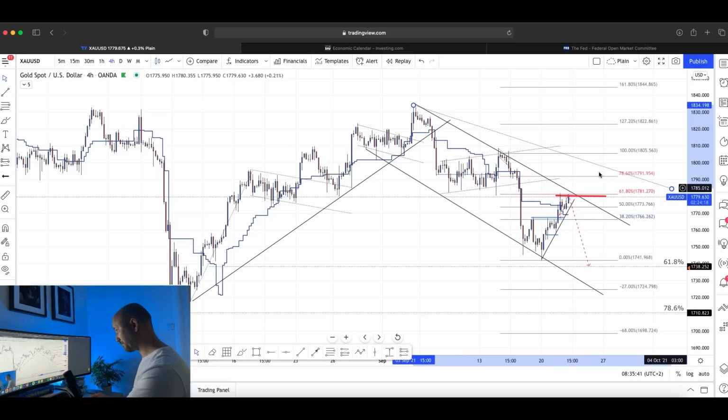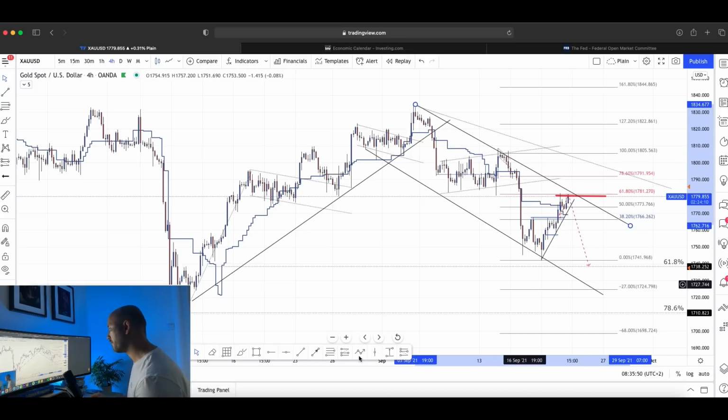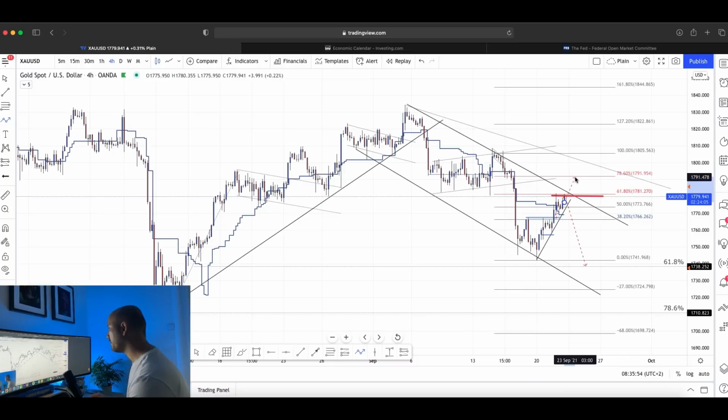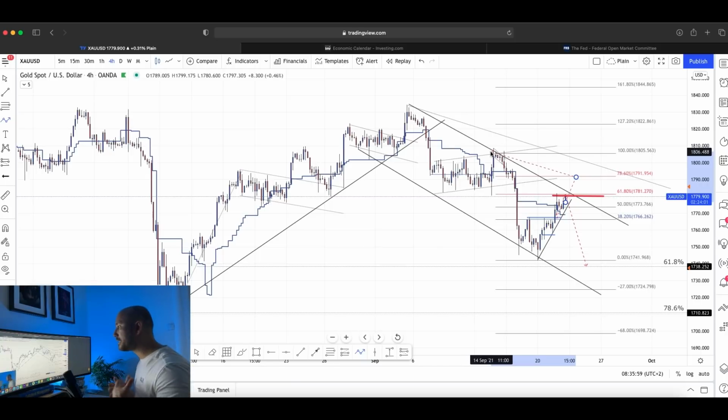Because if you look left on the chart, what if this trend line fails? Let me just change it. So what if this trend line fails, and what if price comes higher to tap into the 1791 level? If you look left on the chart, you can see that it is still valid, because the market structure is still not broken. Even if price comes back to the 1800 level, market structure is not broken. And what does it mean?